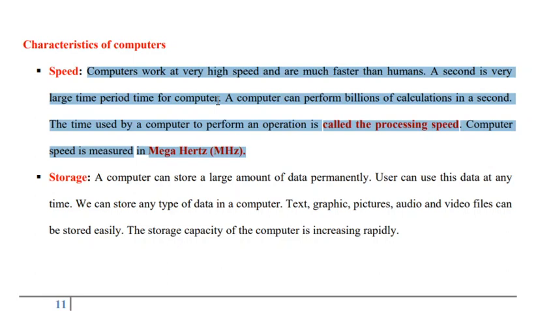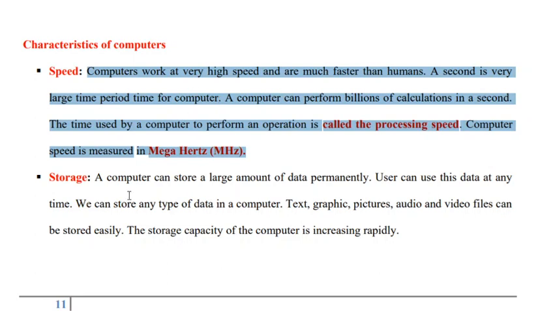So a computer can perform billions of calculations in seconds. Now we have advanced computers that are capable of executing millions and billions of instructions per unit time. The time used by the computer to perform an operation is called the processing speed. So computer speed is always represented in terms of hertz, megahertz or gigahertz.